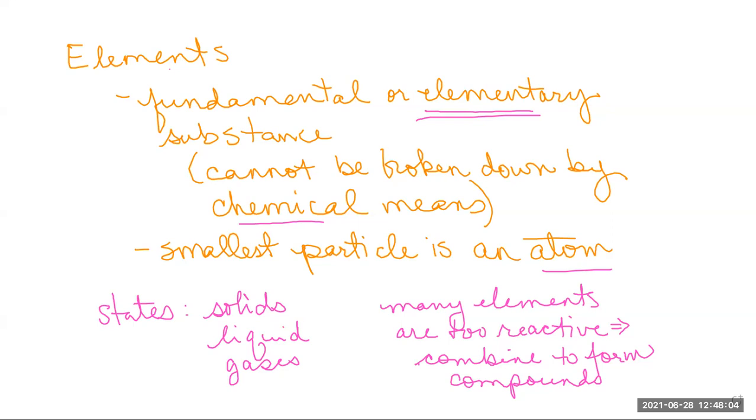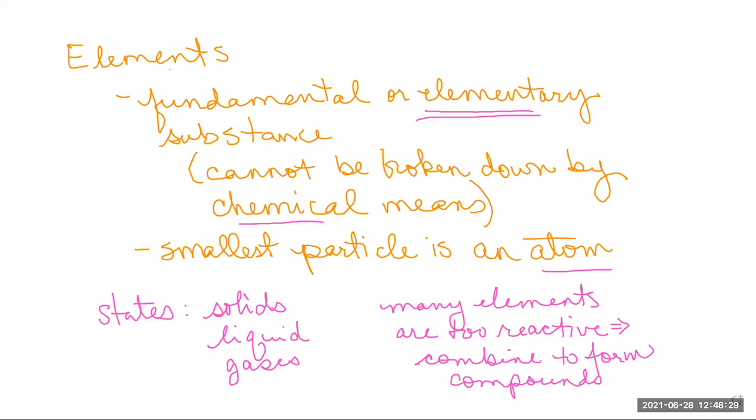However, sodium is highly reactive and will combine immediately. So we don't see sodium normally as just the metal. It easily combines with the oxygen in our atmosphere to form sodium hydroxide. Okay, so we have that aspect as well, but we can get the simplest fundamental substance.